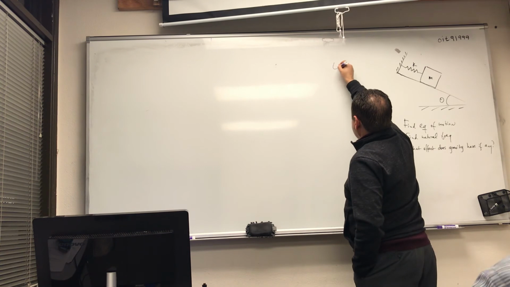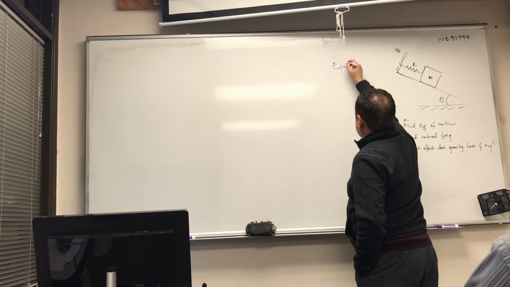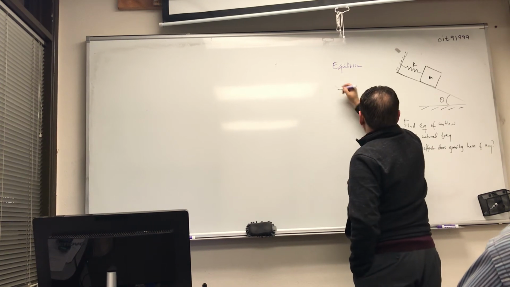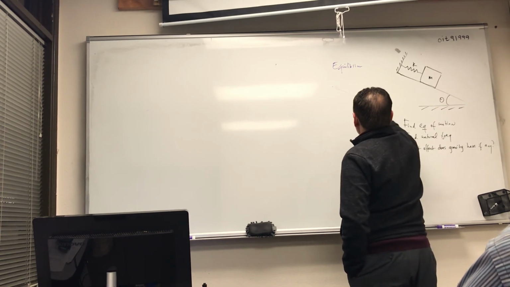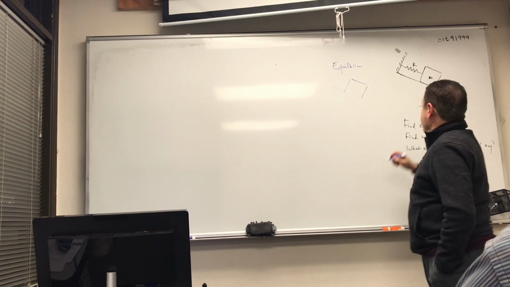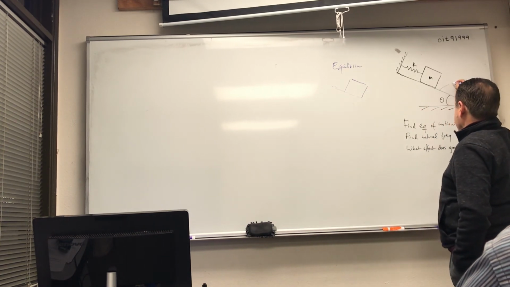Okay, this is at equilibrium. That means I have a plane like this, my mass is like this. How many forces are acting on it? By the way, this is frictionless, obviously.